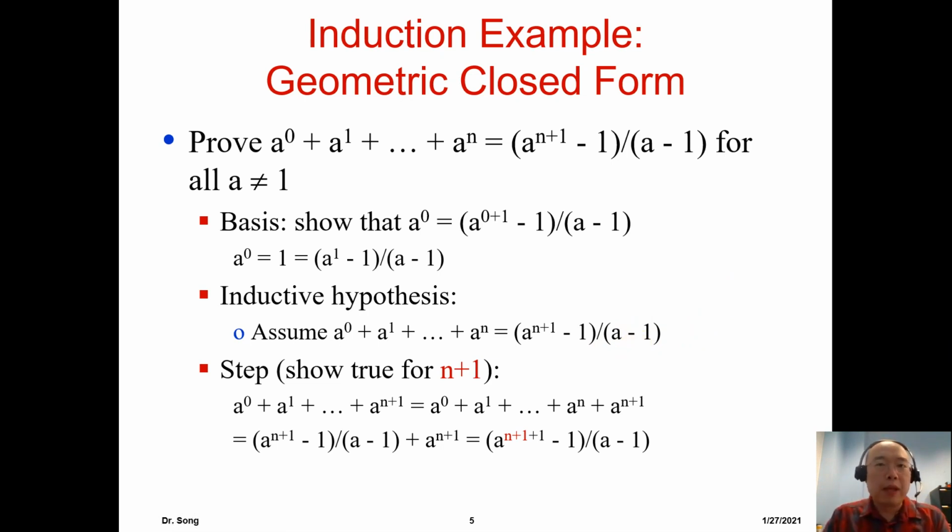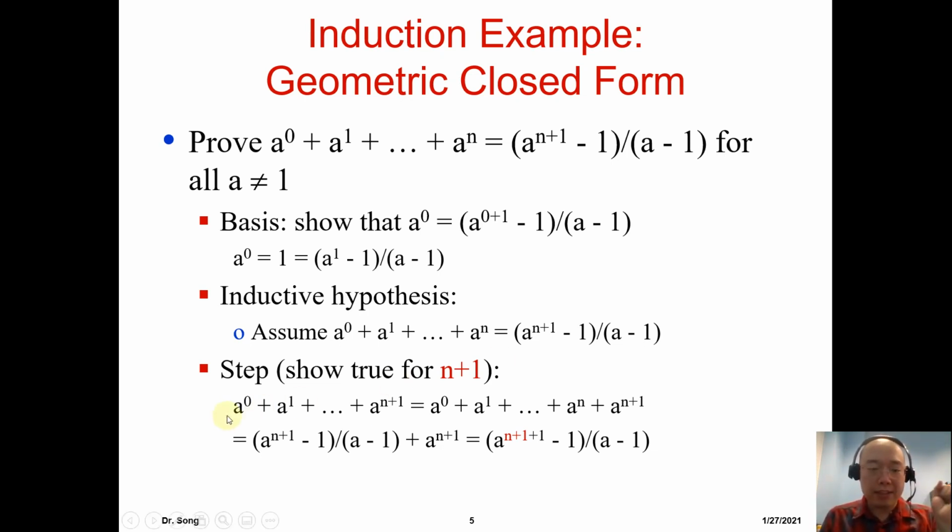And what's the next step? The next step is we want to show that it is also true for n plus 1. So we are using this part as the basis, and then we want to move on one more step, saying if we assume Sn is true, we can also prove Sn plus 1 is also true. So how do we do that?